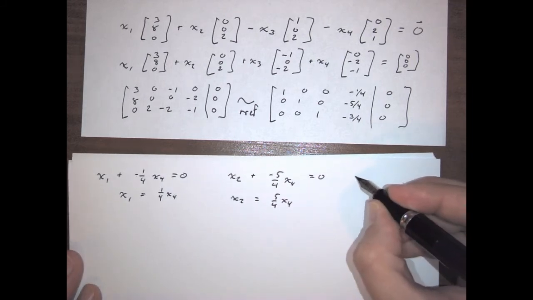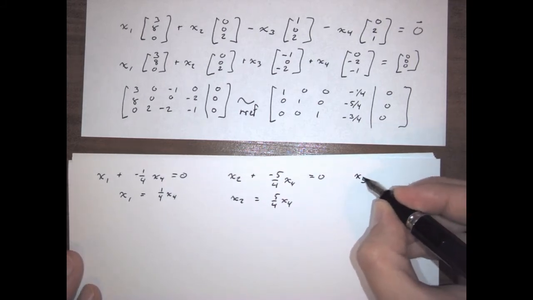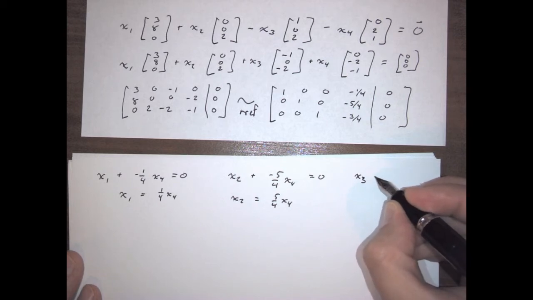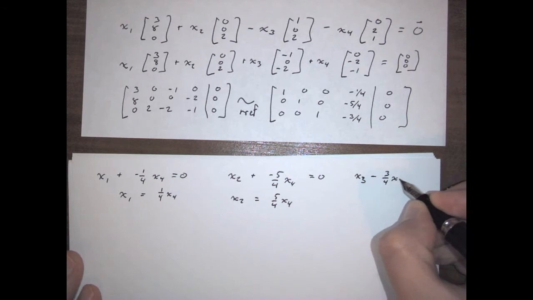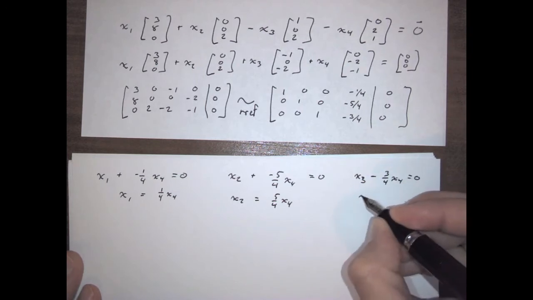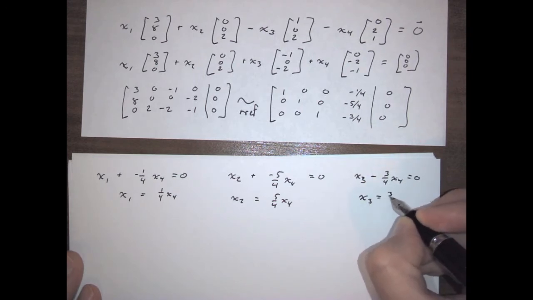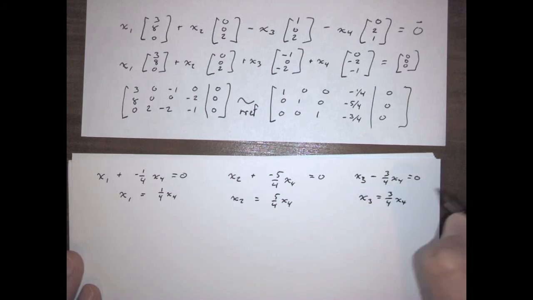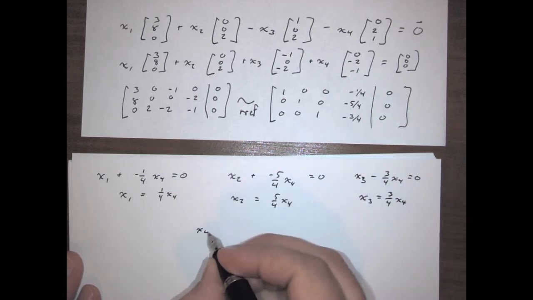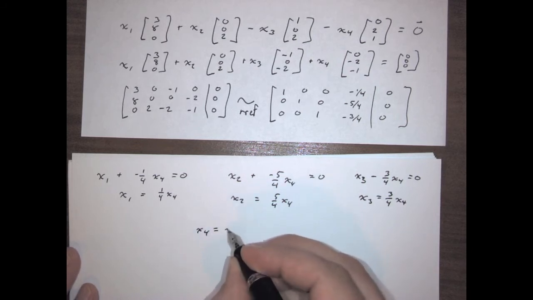And then lastly, x3 minus 3/4 x4 equals 0, which means x3 equals 3/4 x4. And of course, x4 equals itself, just as everything in this universe does.